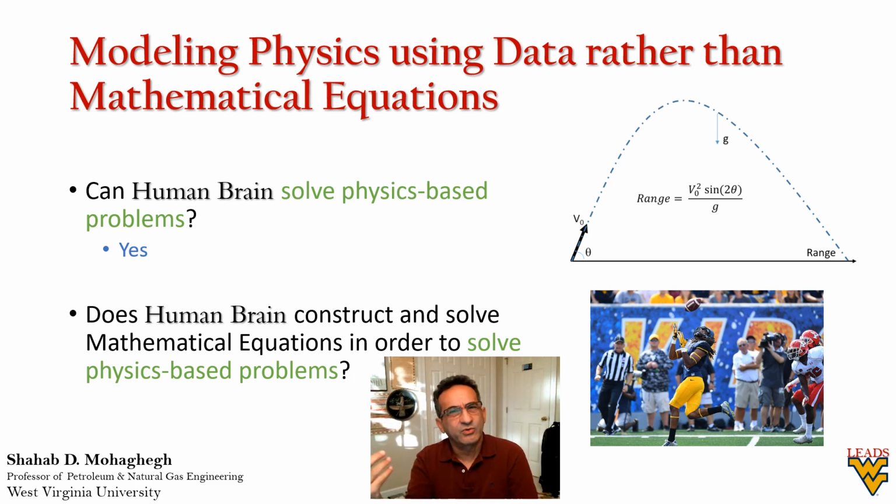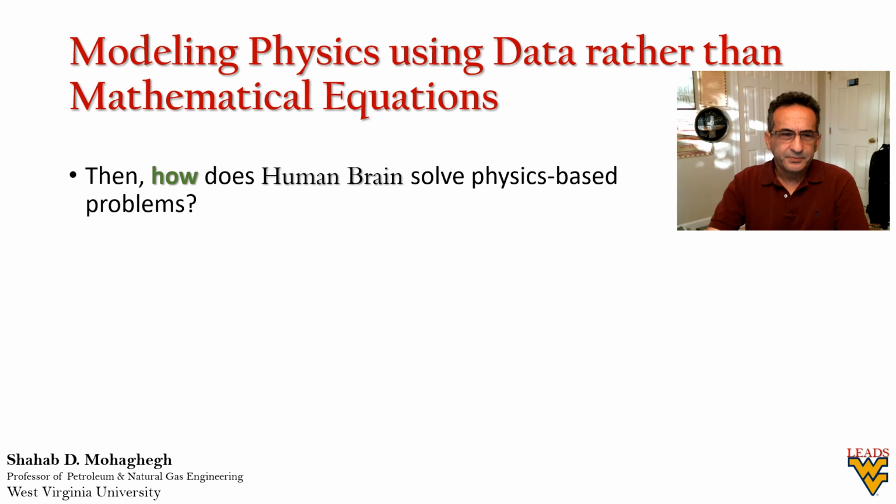Does he build that equation in his brain, and then he solves that equation, and based on the solution, identifies where the ball is going to come down, and that's how he runs and identifies to catch it? I think the answer is quite obvious that that's not the case.